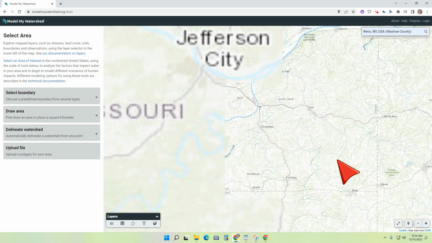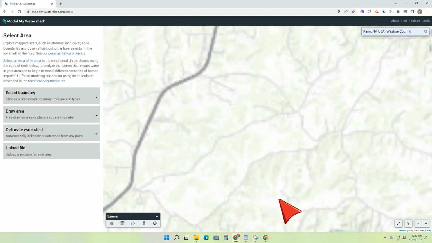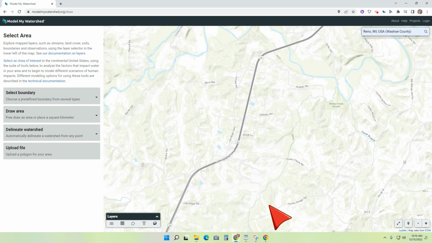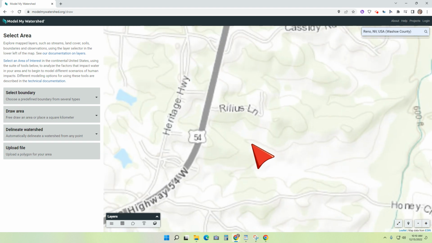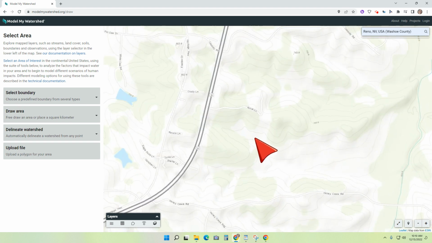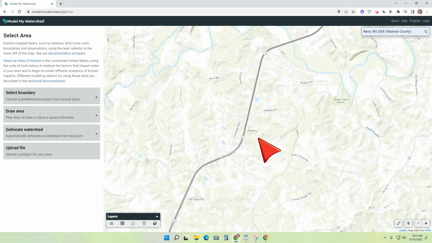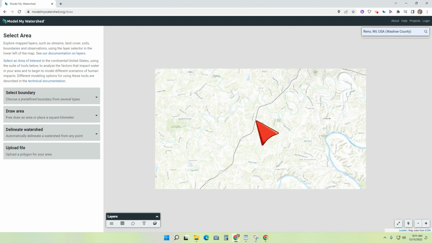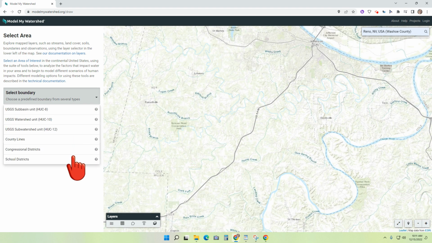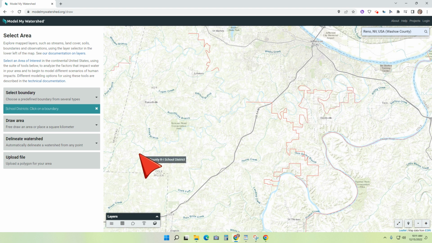Zooming back in. Okay. It's not wanting to play very nice right now. All right, there's our school district lanes for Missouri, this area in Missouri.